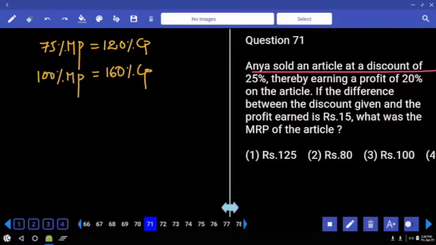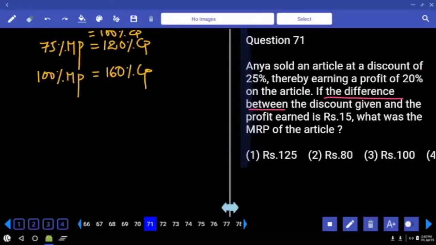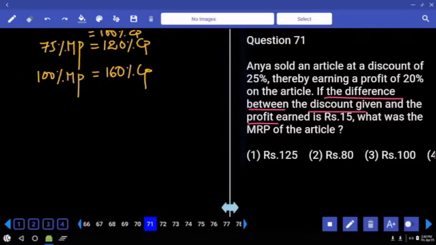So what is your cost price in terms of percentage? 100% of cost price. So the first one is cost price, the second one is selling price, the third one is market price. Agreed or not?